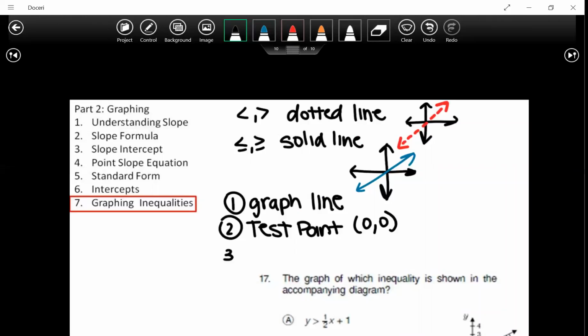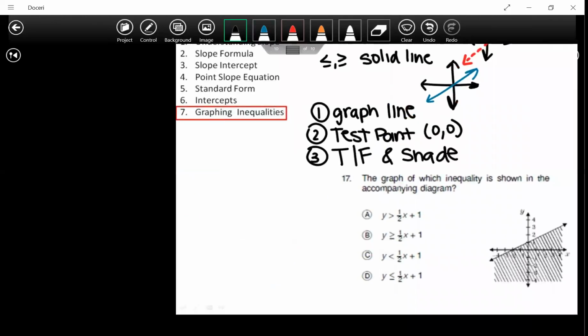And the third step would be to test it, test point for true or false, and shade. We're definitely given the inequality for this line, and they're all the same. We just have to be able to find out the inequality. So that's our graph line. We just have to find out what goes on the inside of that.